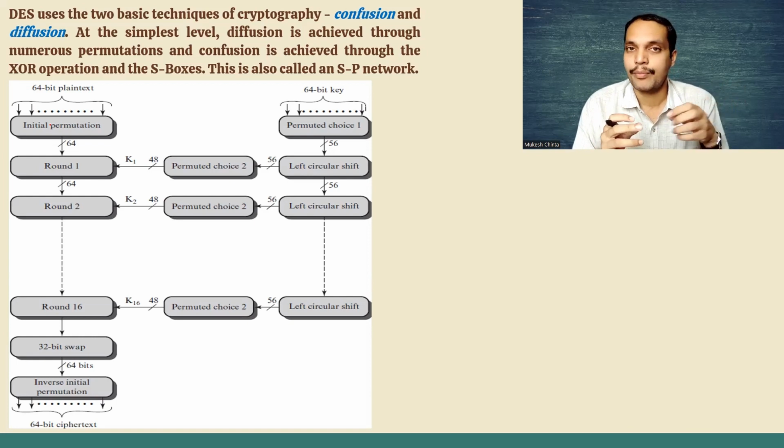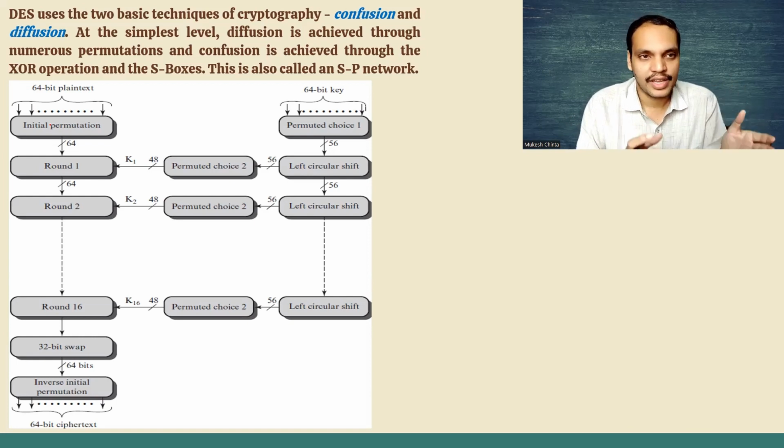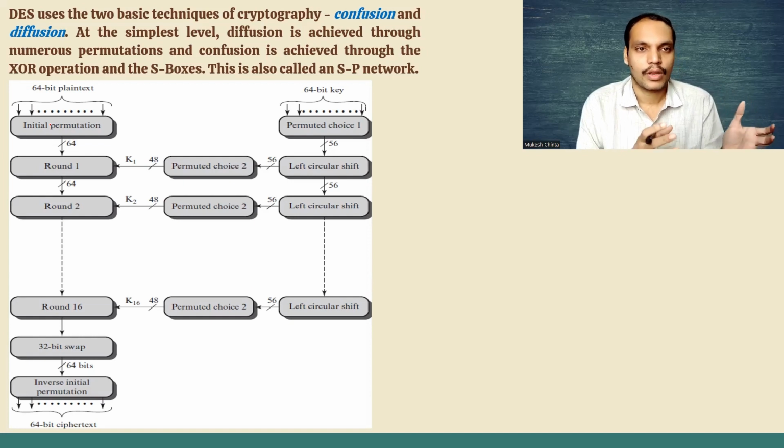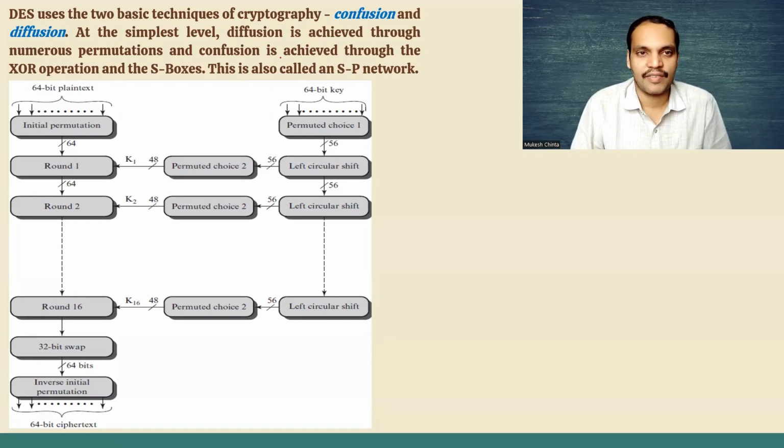These two are very important properties, and DES uses these two techniques to implement encryption. At the simplest level, diffusion is achieved through numerous permutations, and confusion is achieved through the exclusive OR operation and the S-boxes. This entire structure is also called an SP network, a substitution permutation network.